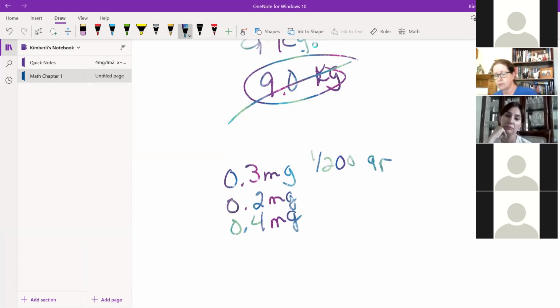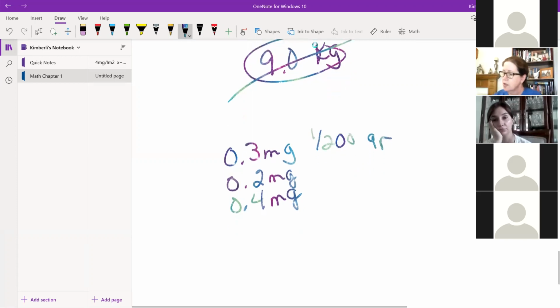So that's the strength of nitroglycerin, and this comes up a lot on national exams for nurses and for technicians. Let's see what the conversion is for the 0.2 and the 0.4 milligrams. This one uses 60 milligrams per grain.